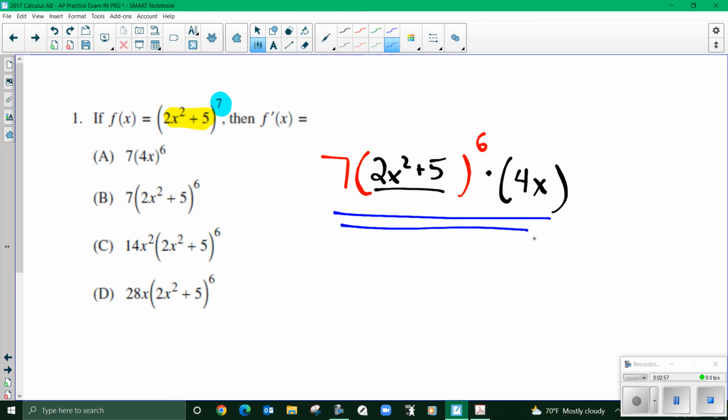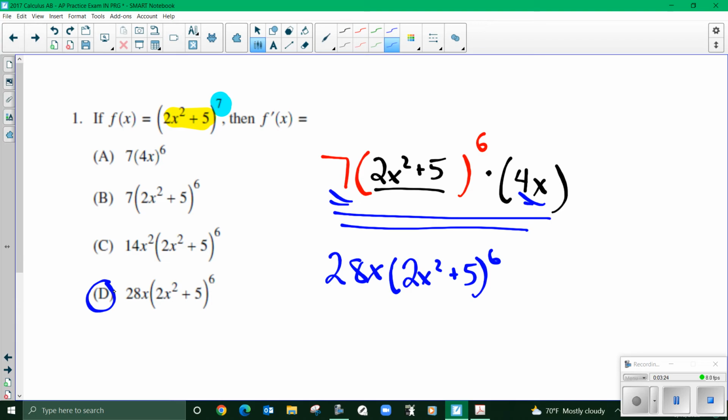So what I'm going to do is multiply my 7, which is outside the parentheses, with my 4x, which is also outside the parentheses. 28x times 2x squared plus 5, and that is raised to the power of 6. Choice D.